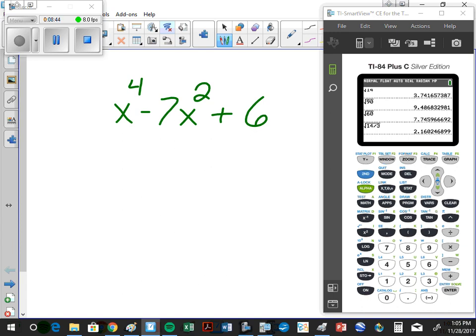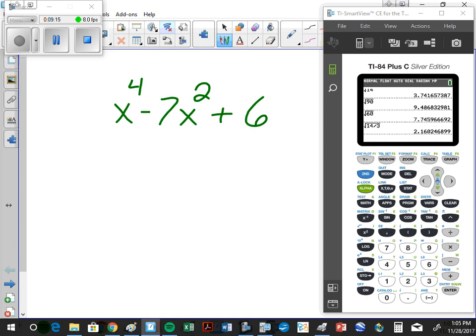What's wrong with this one? I'm missing an x to the third and an x, and I have an x to the fourth, which is kind of weird. But if the middle exponent is half as big as the first exponent, and the last term doesn't have an exponent, we can pretend that it's a quadratic.